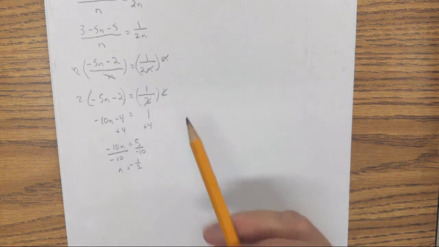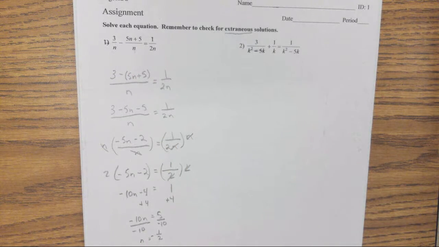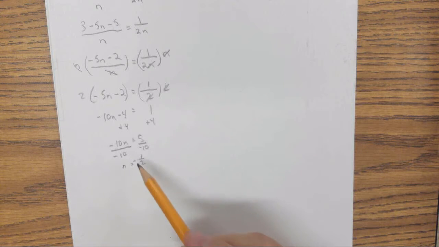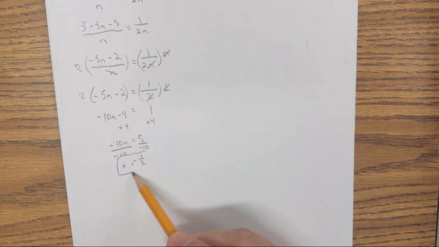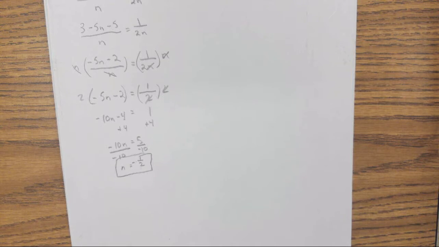You take this and plug it back into your original equation. I'm not going to go through that step by step with you, but you'll find out that the negative 1/2 works, and that is in fact the solution for n, and we have no extraneous solutions there at all. Okay. That one was an easy one.